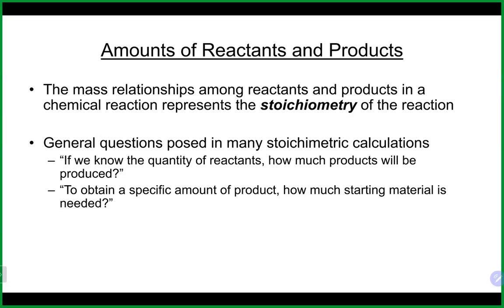So we could even stay on the same side of the arrow and go, if I put this much of this reactant, how much of the other reactant do I need to put in there? And the same thing on the right-hand side of the arrow. If you know how much of one product you make, you can figure out how much of the other product you will make as well. So it allows us to do calculations where we could really figure out pretty much anything in the equation: how much you produced, how much you started with, how much you need of the other reactant to put in there. And these type of calculations help us do that.